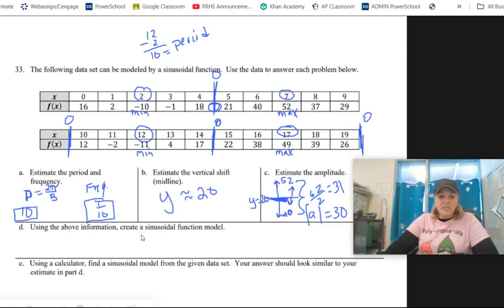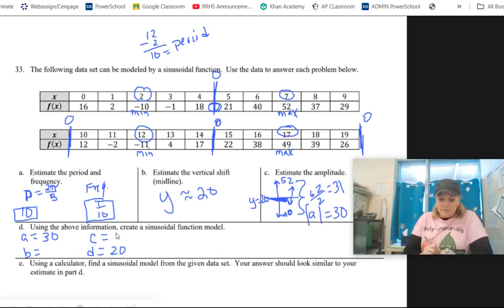Okay, use the above information to create a function model. So far we actually have all of them. A equals about 30. Our B term we haven't quite figured out, but we started. Our C term we need to get, and I'm going to help you find that through the zeros. And then the D term is 20. That's our vertical shift.